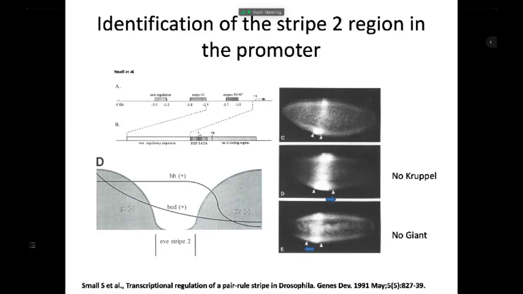And if we have no giant expression, then obviously we will have a stripe whose expression is expanded anteriorly. So Krüppel and giant inhibit the expression of the stripe 2 even-skipped.